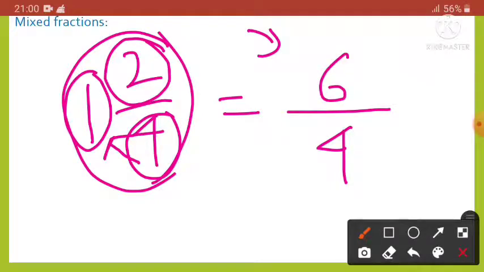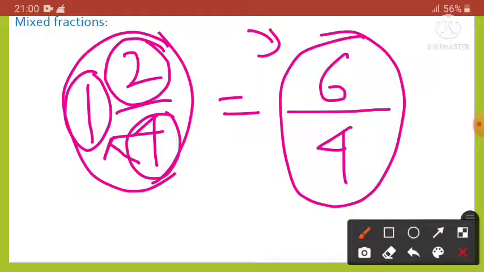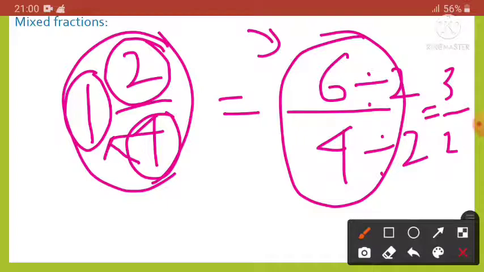So it is 6 by 4, and one thing is that we have to make it in the short form. So just divide both terms, numerator and denominator, by 2. We are getting 3 by 2. Okay, got it?